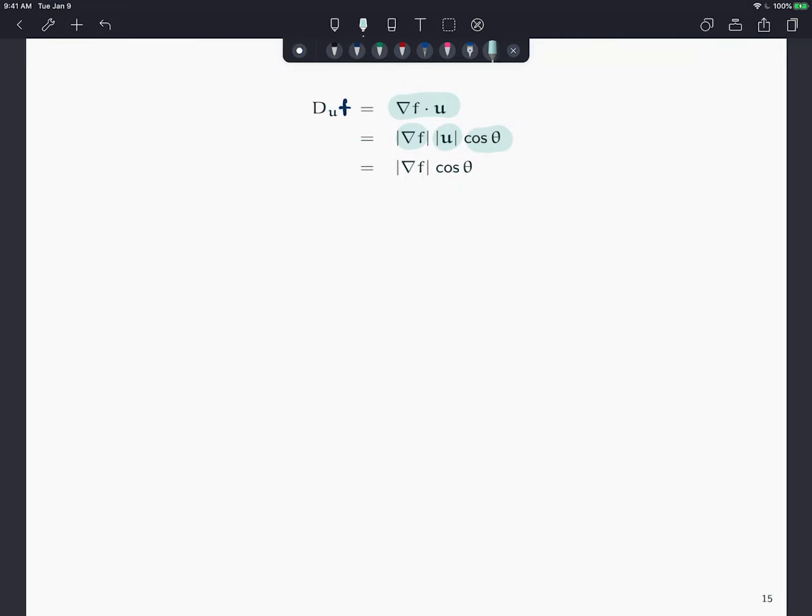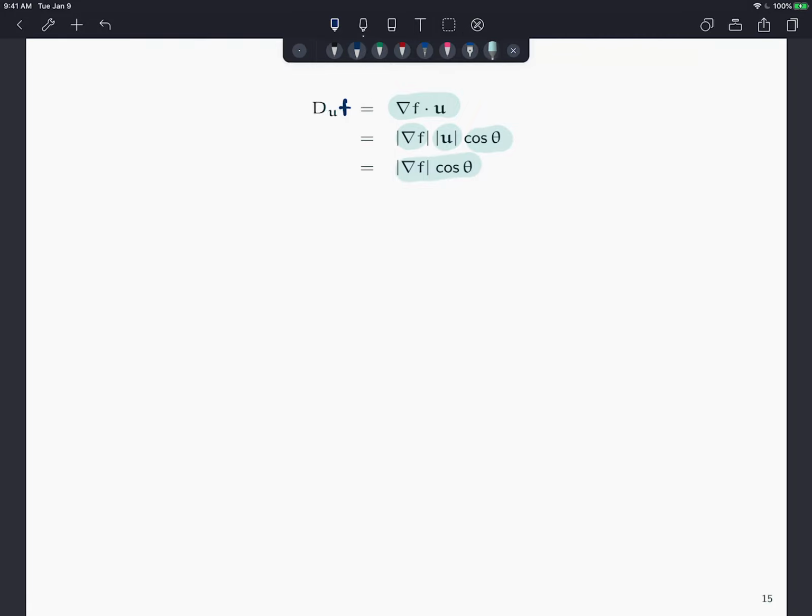Because u was a unit vector, we can forget about that term, and it's just the magnitude of the gradient of f times the cosine of the angle. Who is the angle? The angle is between the gradient and the unit vector. The gradient of f evaluated at the point is a fixed vector, and this is the angle between that one and the direction in which I'm measuring the directional derivative.